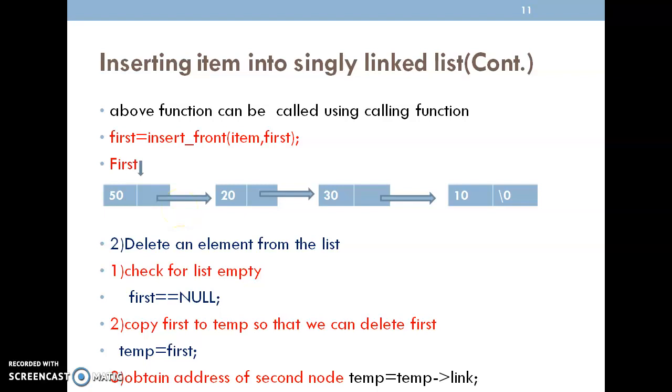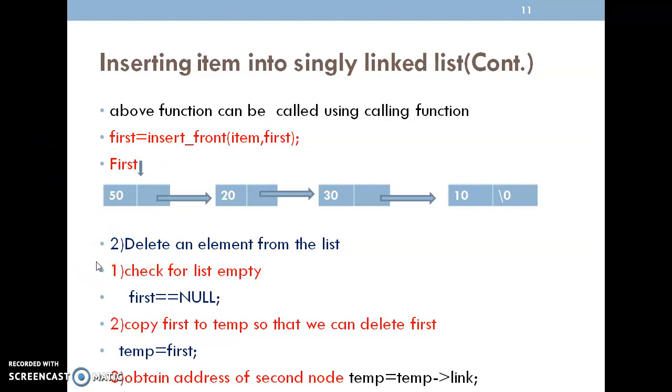That link has to be held by some variable, so I'm taking temp. Copy that first node into temp, then obtain the address of the second node. How to get the address of the second node? Earlier it is first equal to first pointer link. Now it is temp equal to temp pointer link, because first is held by which variable? The temp variable. Once the link has been established, then we can delete the element.